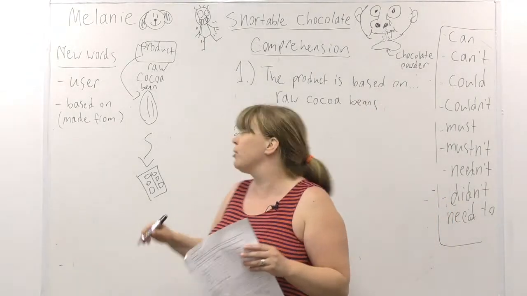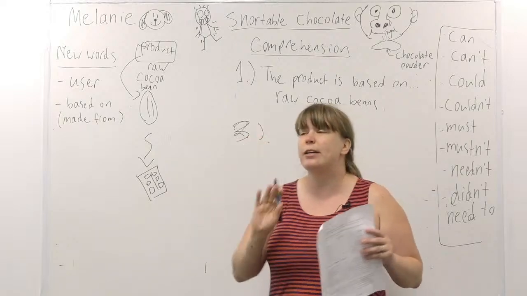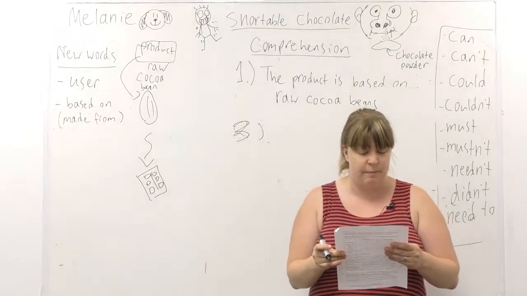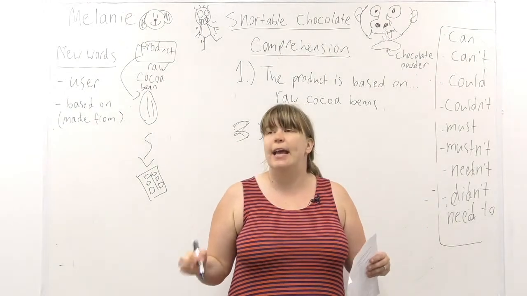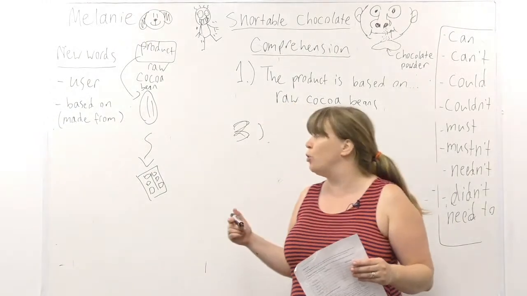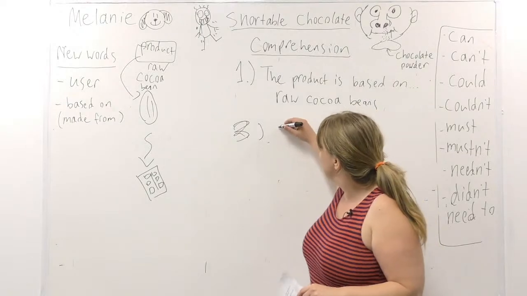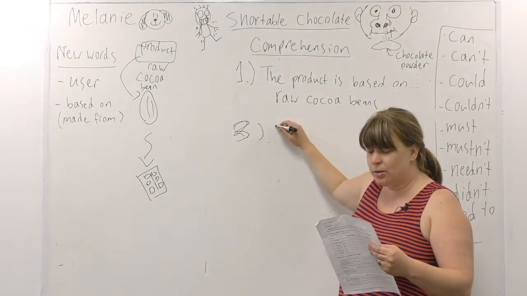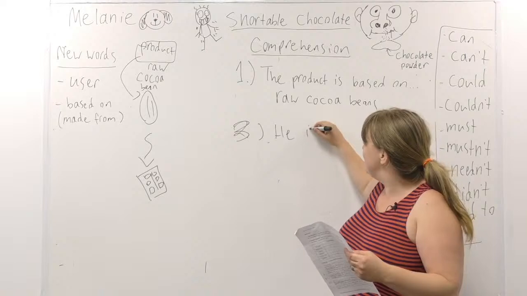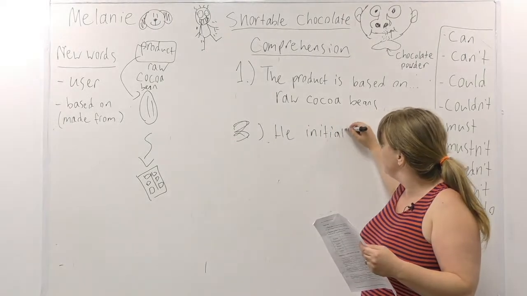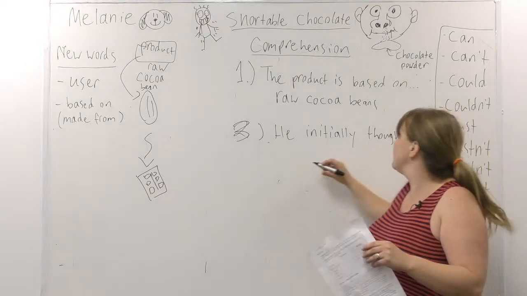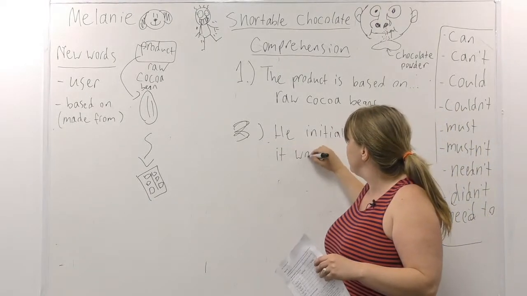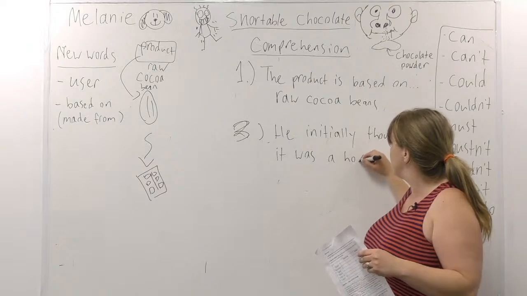Y'all, so smart. Okay, we're going to do number 3. Sorry, we're not going to do all these questions. So number 3, what did the CEO initially think was a hoax? Okay, so he initially thought it was a hoax.